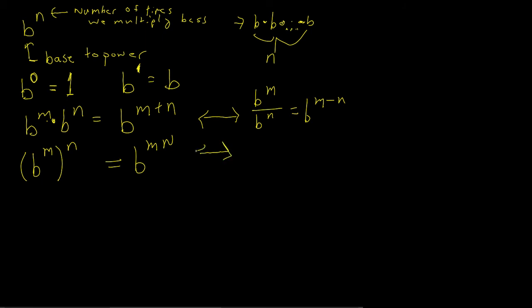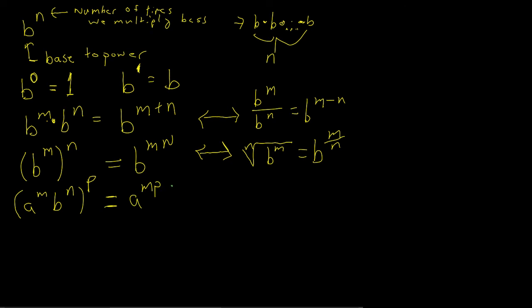And I'll show you the corollary, though we rarely use it in here. If I take the nth root of something, I divide my exponents. If I have 2 different bases and collectively they're taken to a power, that power distributes.